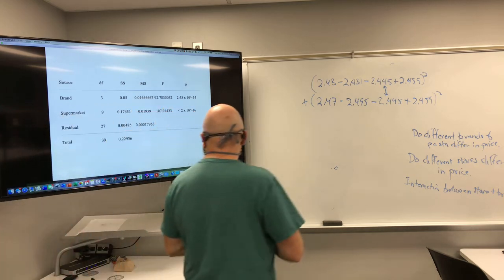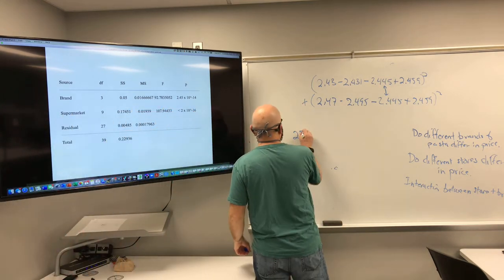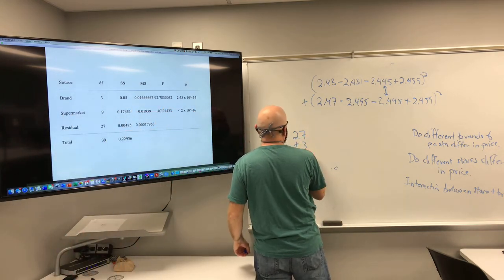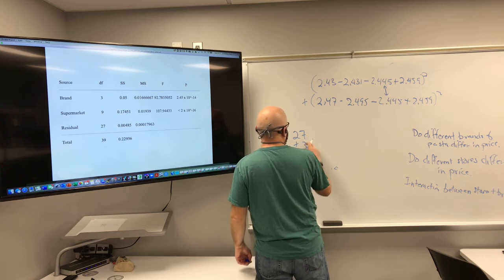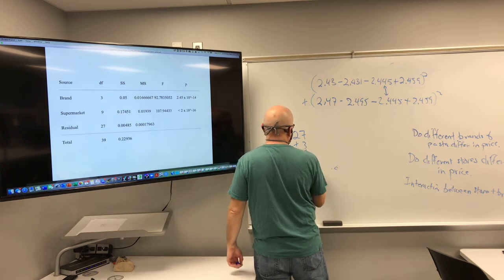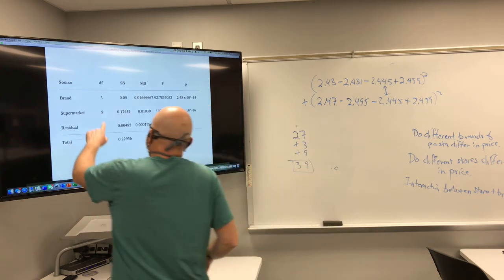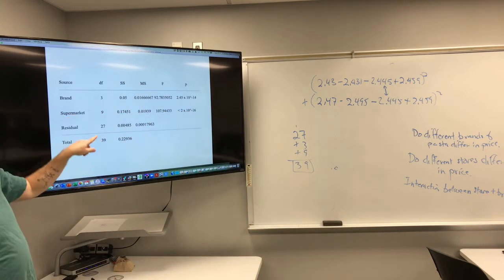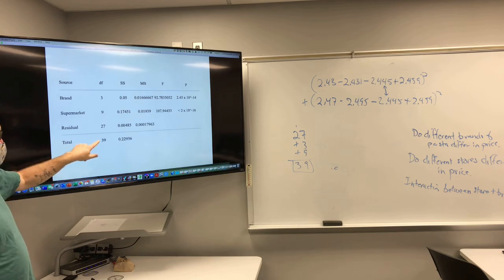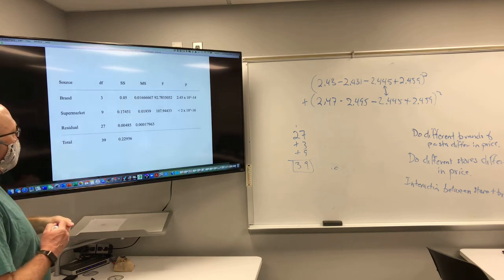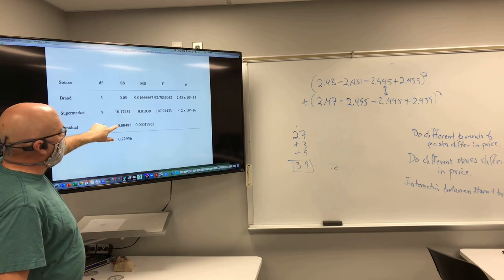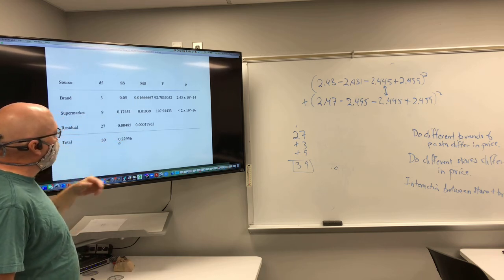You should also see that 27 plus 3 plus 9 equals 39. So once again, the degrees of freedom within your table should add up to the total degrees of freedom, in the same way that these sums of squares should all add up to the total.